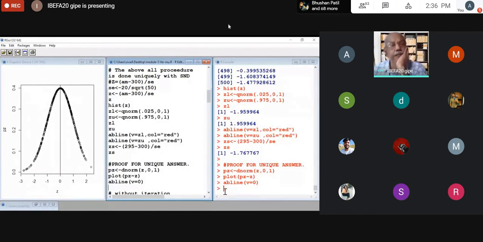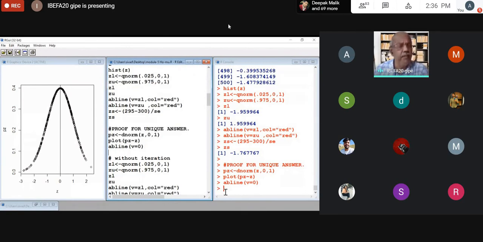So for the given level of significance, you find the cutoff value using the standard normal distribution. Left will be 0.025, right will be 0.025.